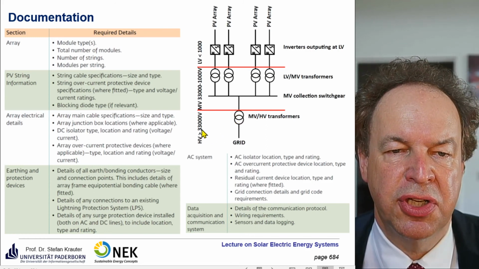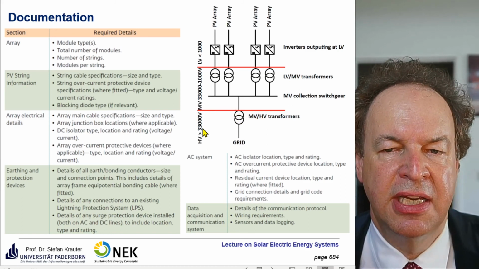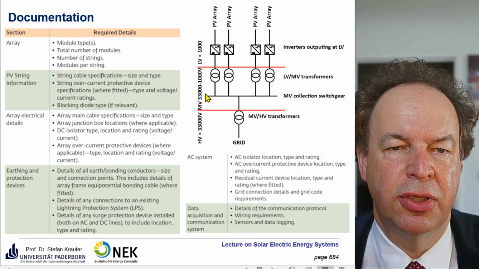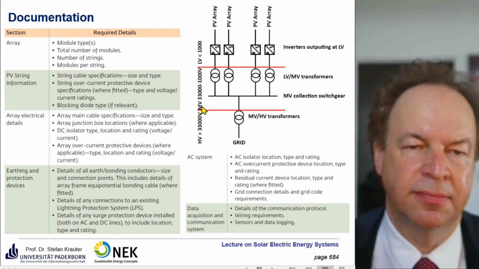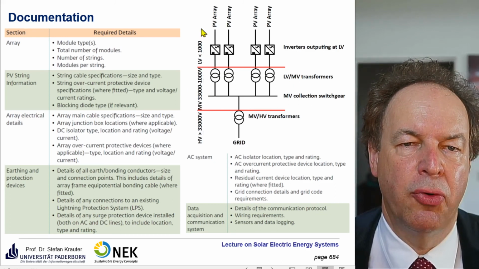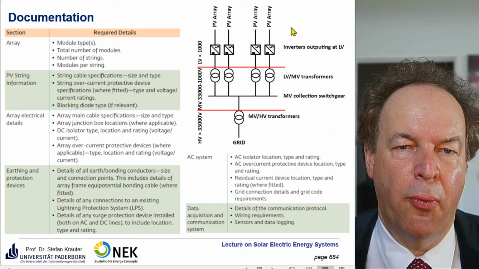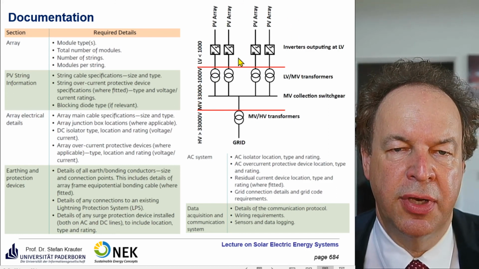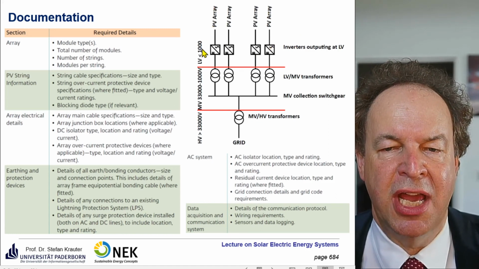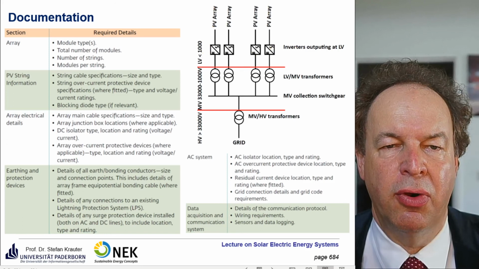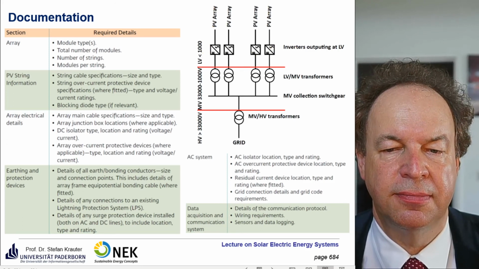So usually high voltage is above 33 kilovolt, and mid voltage is from 1000 volt up to 33 kilovolt. And low voltage is below 1000 volts, so this is usually where you interconnect your PV power plant. There is some discussion whether it should be changed to 1500 or even 2000 volts.